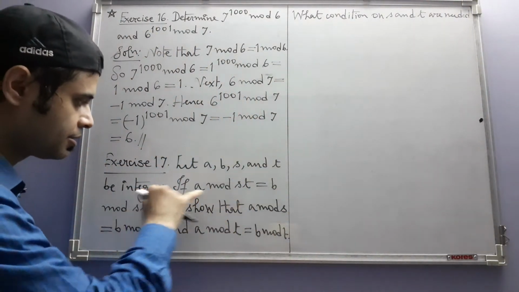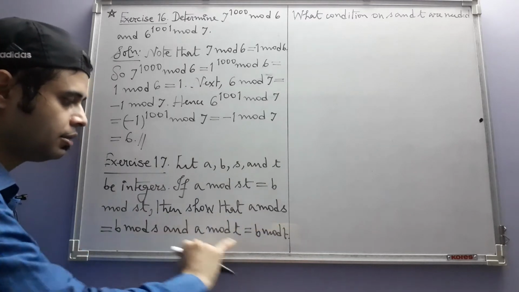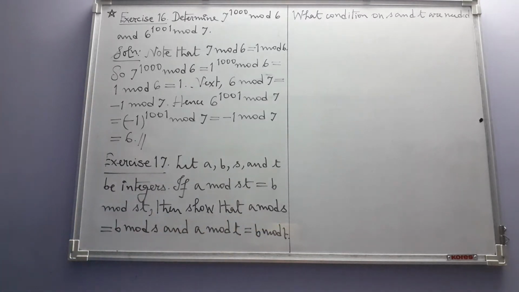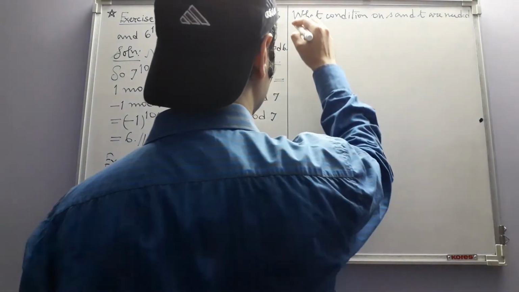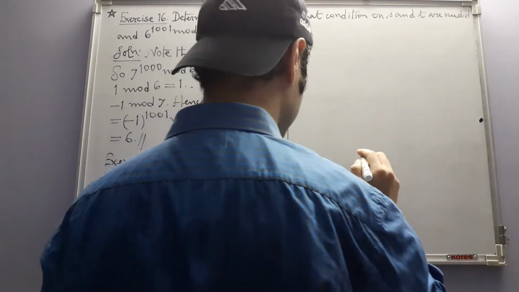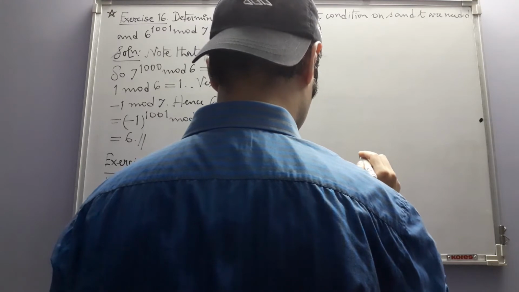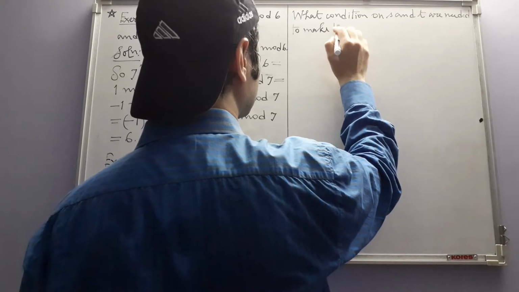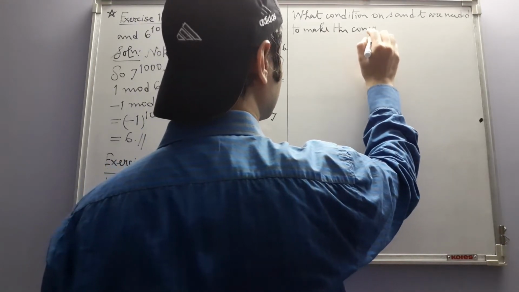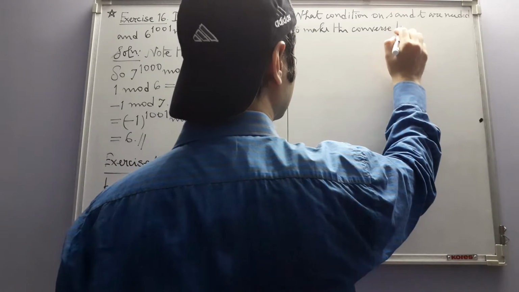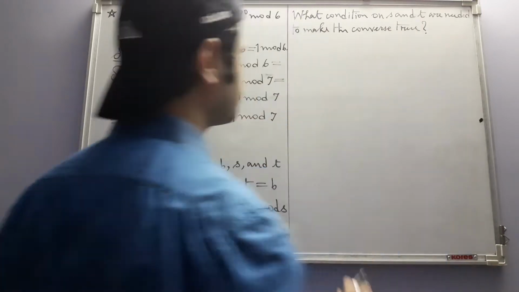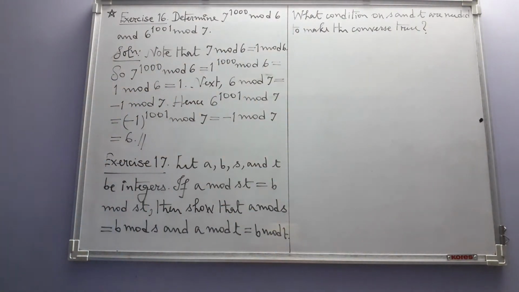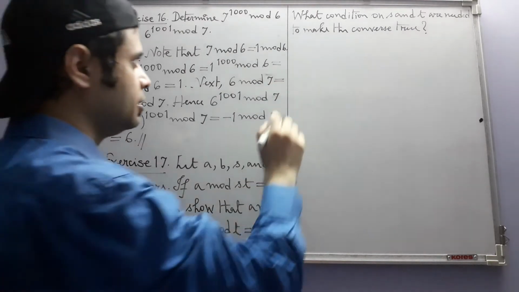That means if instead of the first equation we are given the second and the third equations, then along with that what else do we need to make sure that we will have the first equation as a consequence, to make the converse true. Okay, so the first half is actually very easy.